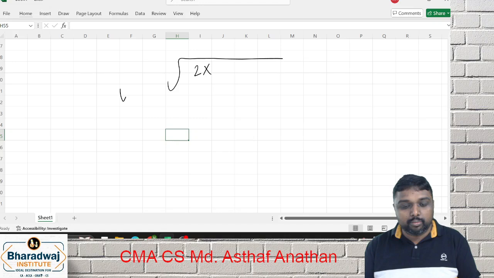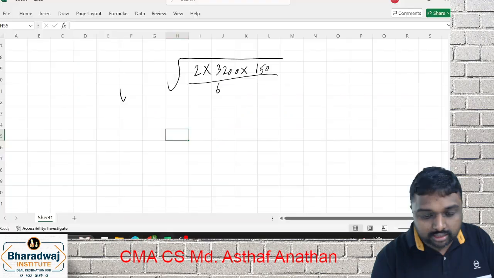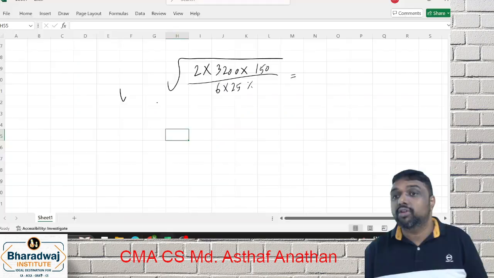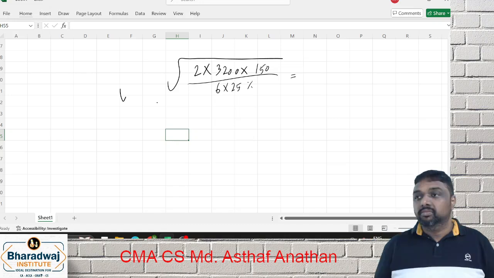Now we want to find out carrying cost. How will you get carrying cost? See, 6 rupees is the unit cost. It is given as a percentage. So we have to put it as 6 into 25%. What will be the EOQ, friends? What is the EOQ? 800. Your EOQ is 800. So this is how we have to approach.